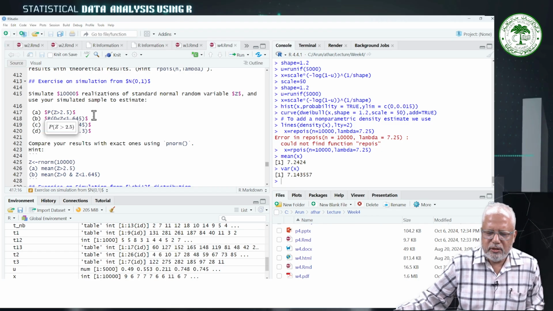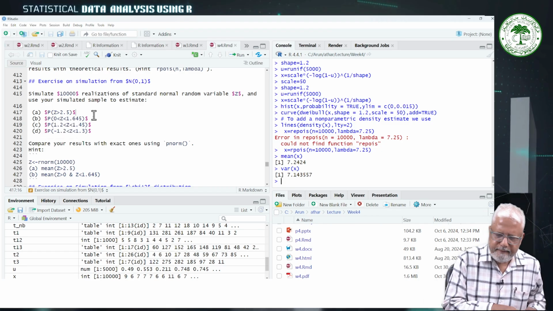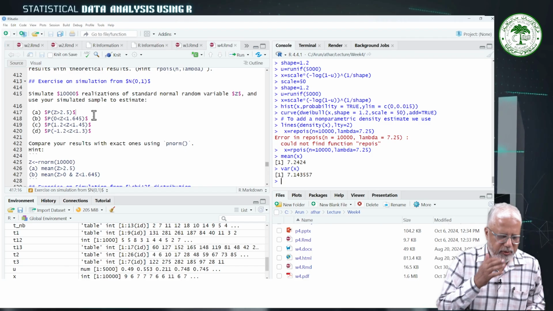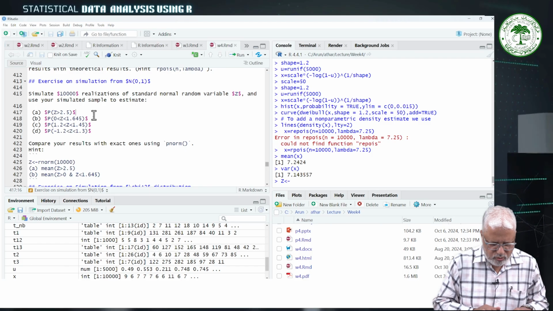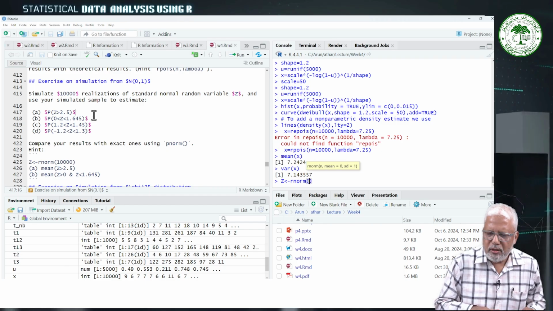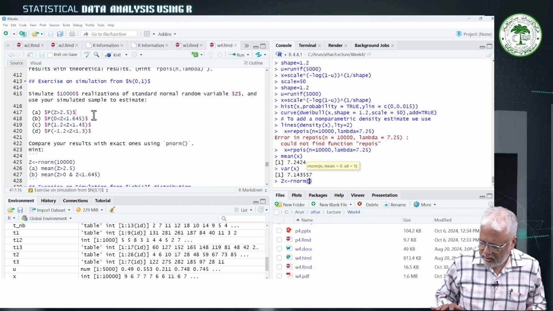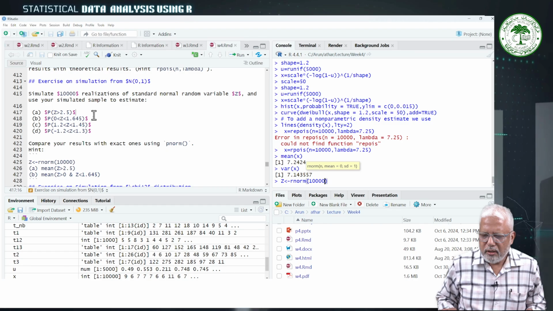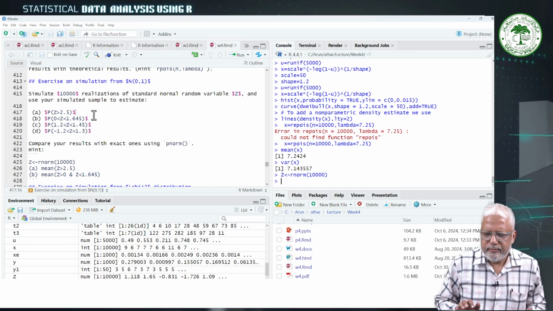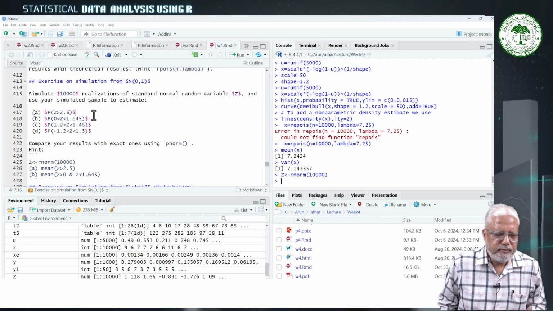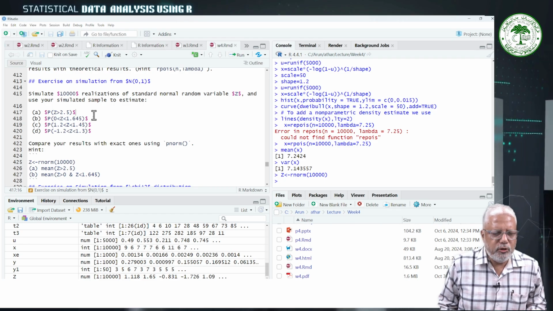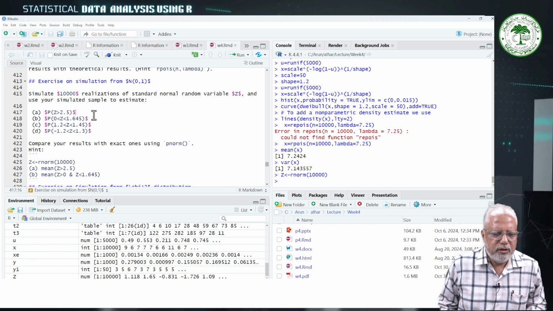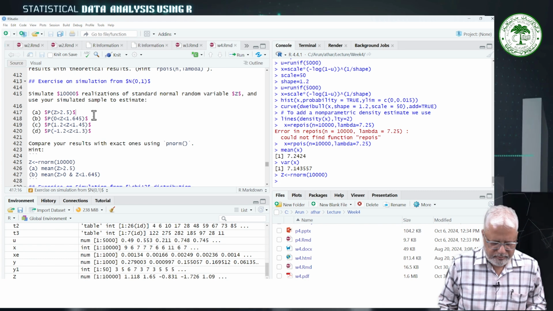So first I would like to solve this problem. First we will define z is equal to rnorm, 10,000. Actually what we need to compute is the probability of z greater than 2.5.